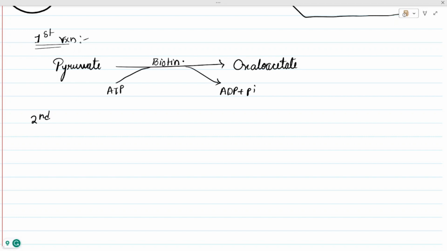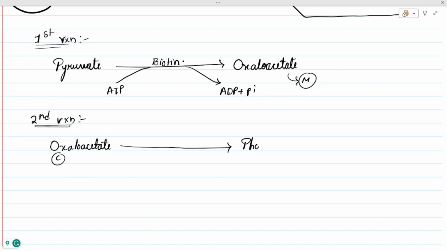Coming to the second reaction, here we have oxaloacetate, right? This oxaloacetate is present in mitochondria, and we have another oxaloacetate, the cytoplasmic component. Now, this oxaloacetate gets converted into phosphoenol pyruvate.